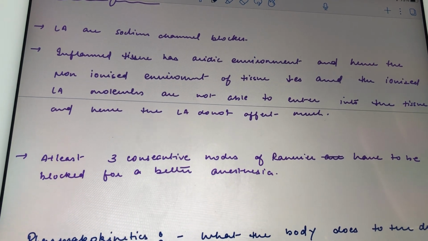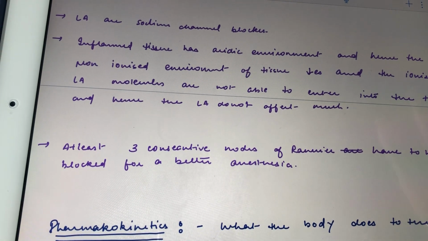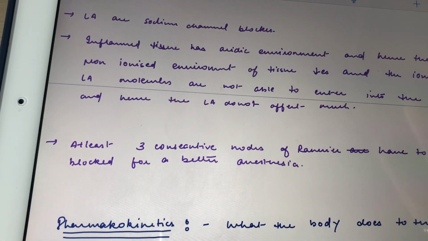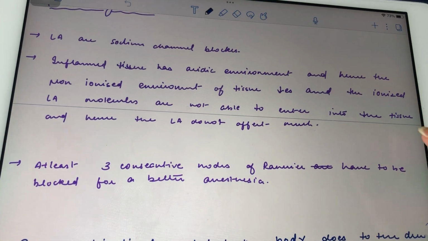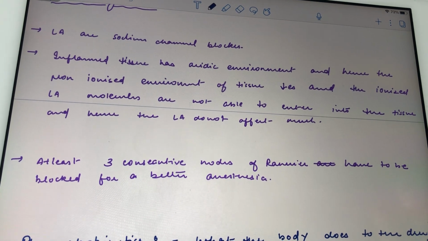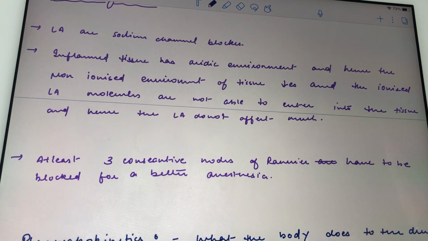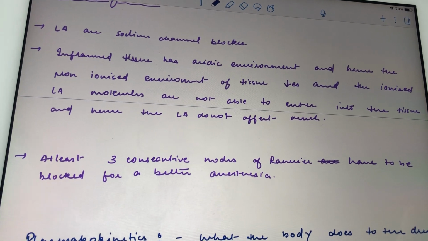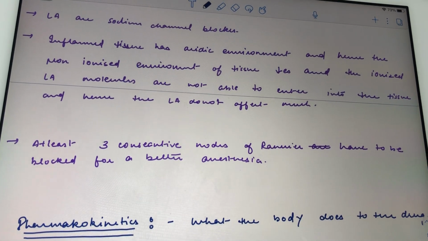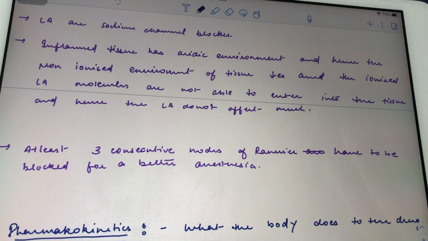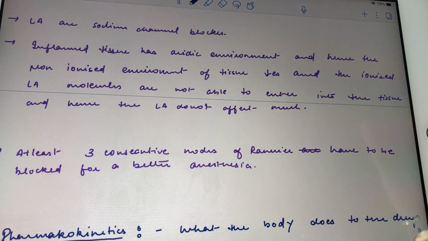It can be acidic, and at this point the ionized form inhibits the non-ionized form, so the local anesthetic molecules are not able to penetrate into the tissue and do not bind with it, and this causes the inefficiency of the local anesthesia.